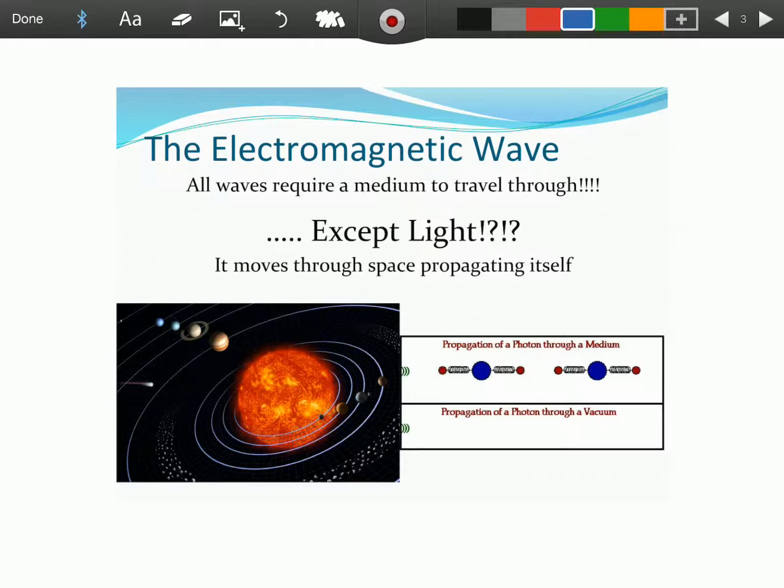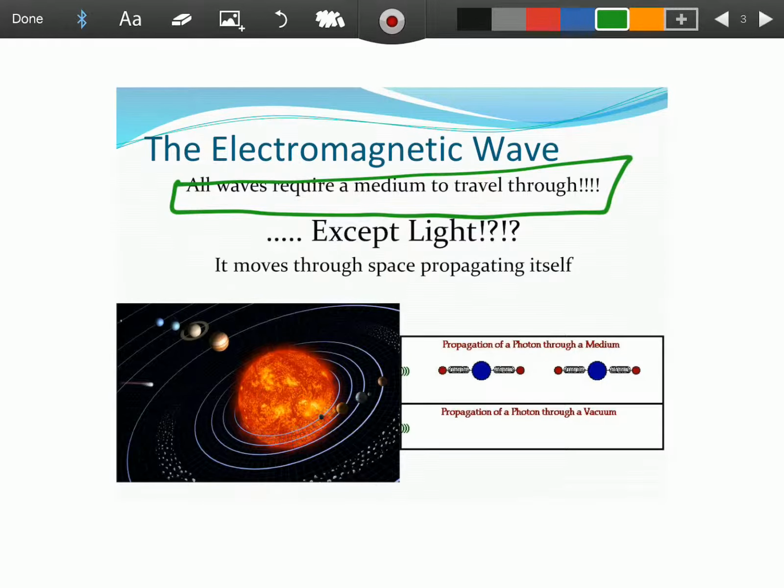All waves require a medium. They need something to travel through, except for light. Light propagates itself, and that's a good thing, because if light needed a medium to travel through, it couldn't get from the sun to the earth, since there's a vacuum between us. There's nothing there.